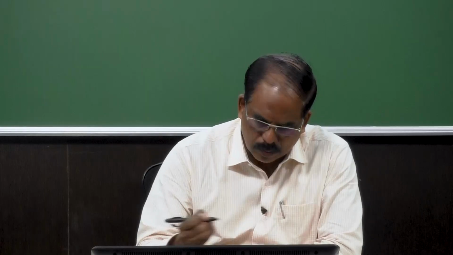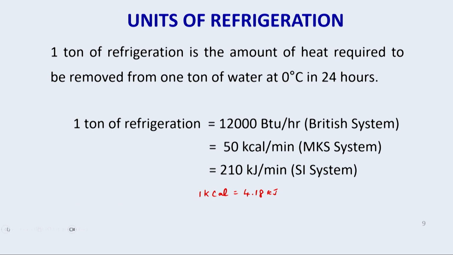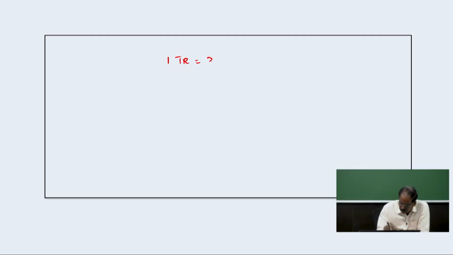Just to see how these values have come, in terms of kilowatt, 1 ton of refrigeration, 1 TR, is equal to 3.52 kilowatts. So how did we get this?